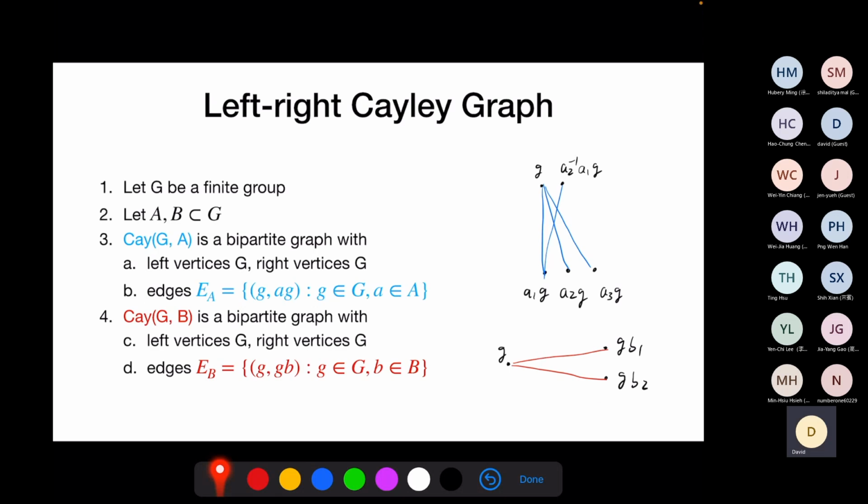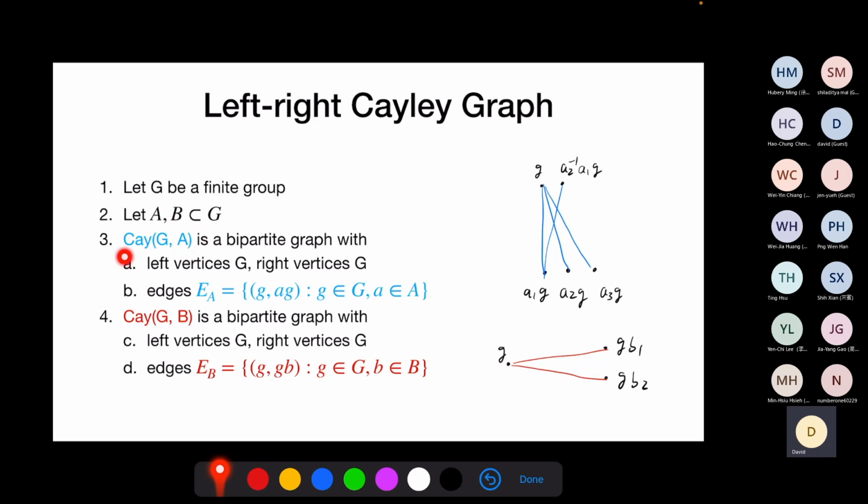Okay, so first we'll talk about this left-right Cayley graph, and before that, we'll review what a Cayley graph is. To define a Cayley graph, we start with a group, and then we have generators. We choose a subset A of the group as our generators. What is the Cayley graph built on G and A?